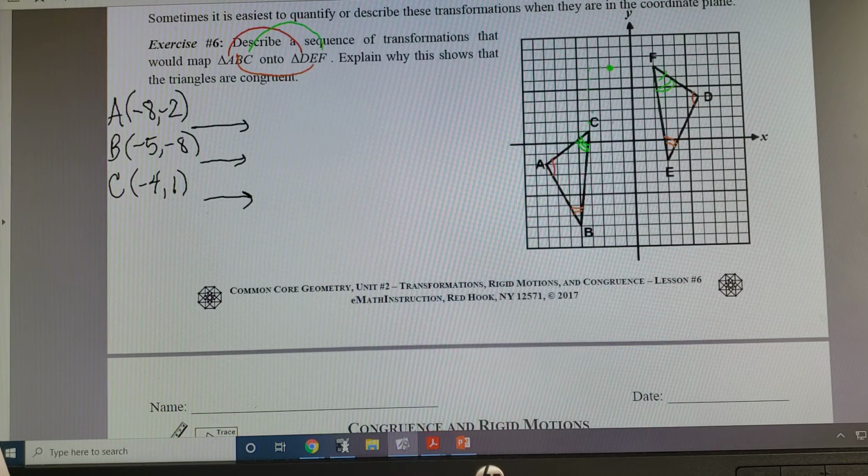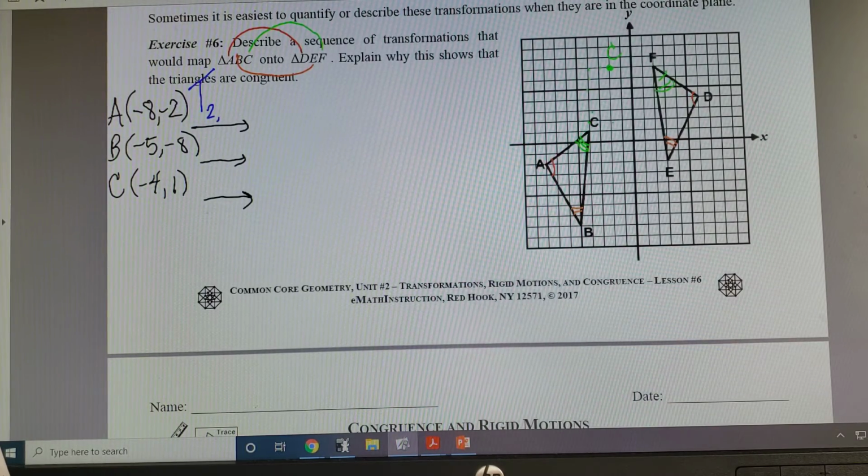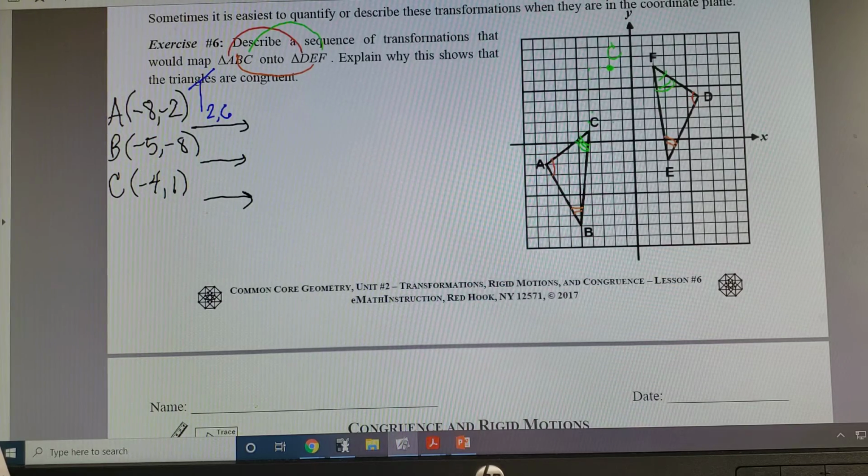You are smart. Okay, so we're going to do a translation. We're moving to the right 2, so a subscript of 2, and we moved up 6, so 2 comma 6. So I'm going to add 2 to my x values and 6 to my y values, and then I'm going to get my new points.